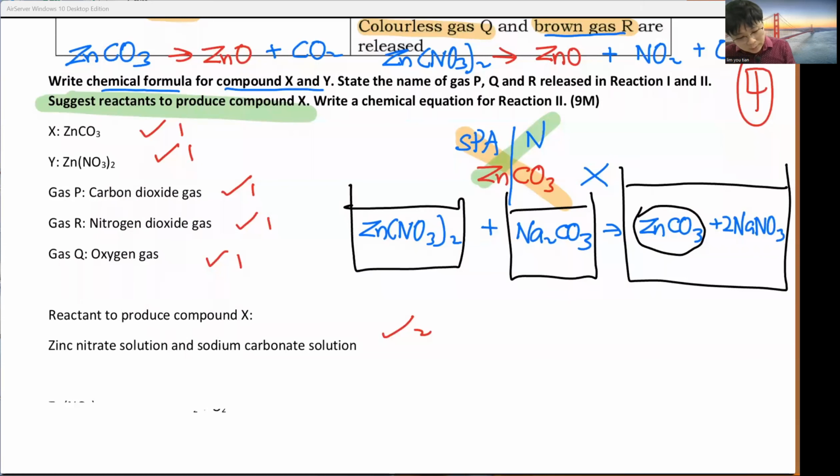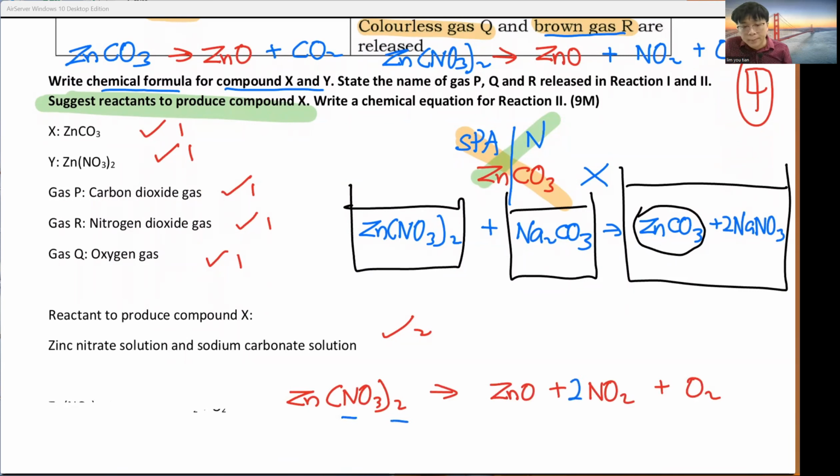Then after that, the last equation is 2 marks, because it's a balance equation. So I roughly go through it with you. Zinc nitrate, if you heat it, becomes zinc oxide plus NO2 plus O2. This equation is slightly harder to balance. That's why 2 marks is given. So you can see here, zinc and zinc is already balanced. Then N, I got 2 here, so I put a 2 here. But I was stuck at the oxygen side. Why?